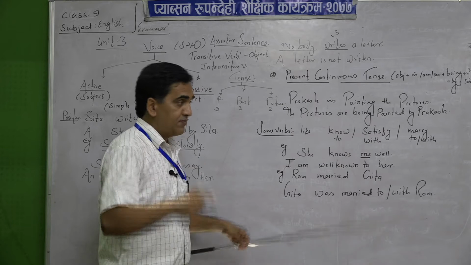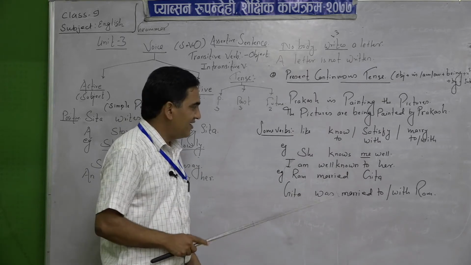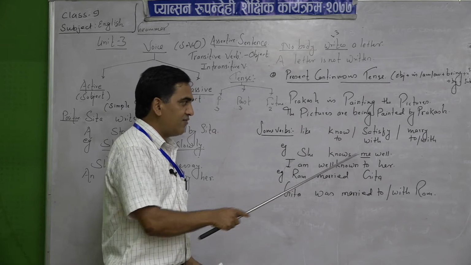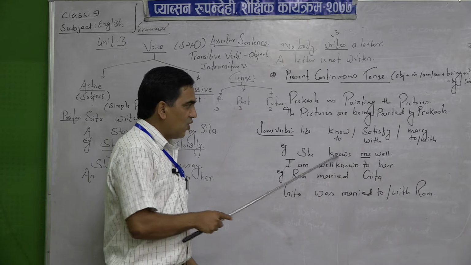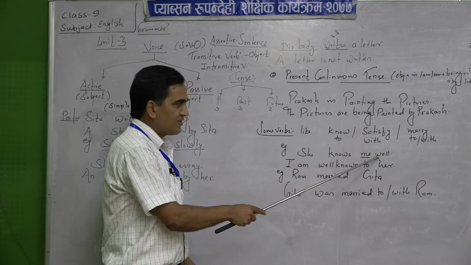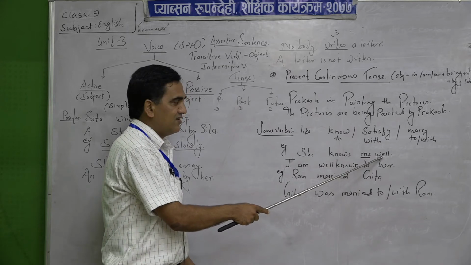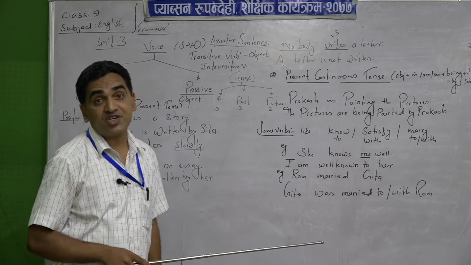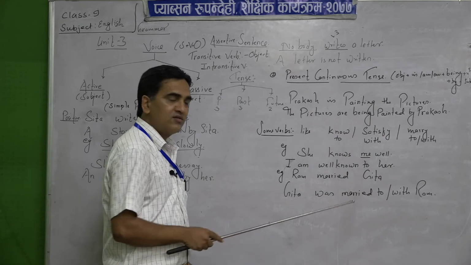I am giving an example. Look here: She knows me well. She is the subject, knows the verb, me the object. Only one object is there. Well is an adjective.